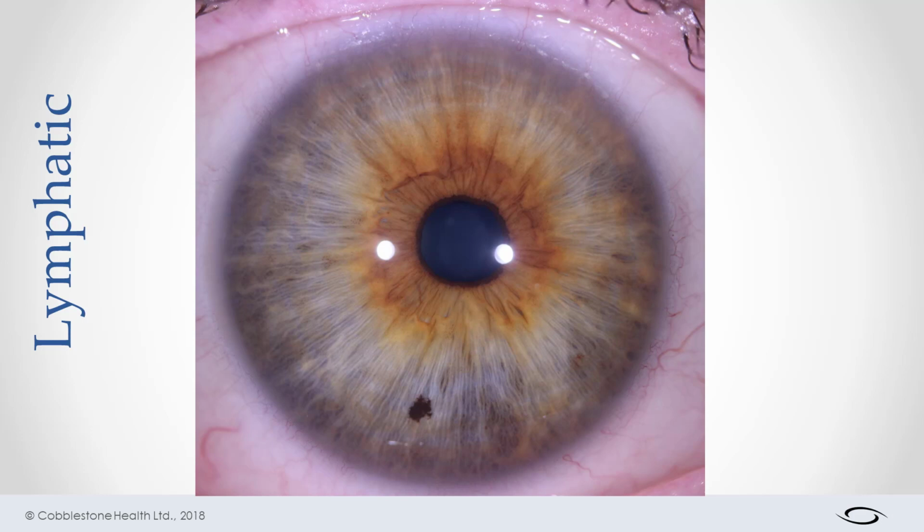Now, this is a great example of an eye that has other colors over it. The other colors, the browns and the yellows and the oranges, again, depending on what your computer monitor is showing you, have no impact on whether this is a lymphatic eye or not, because there's blue and there's fibers. That means this is lymphatic.